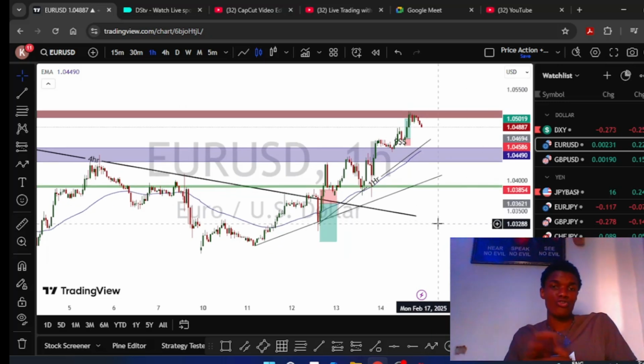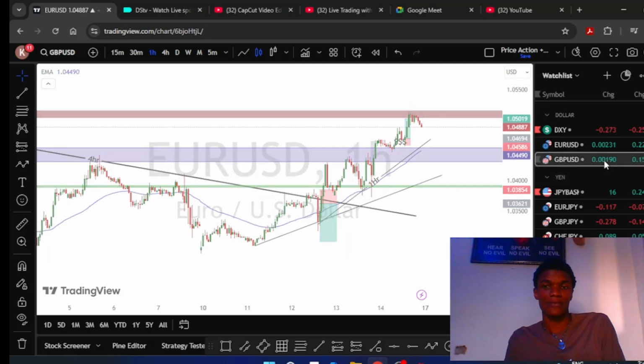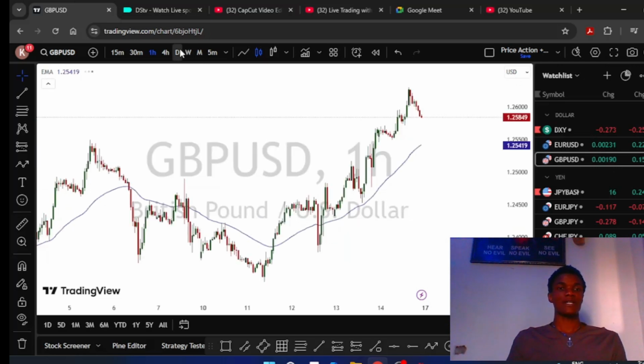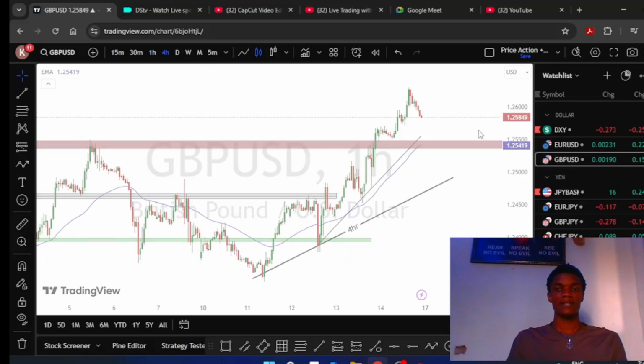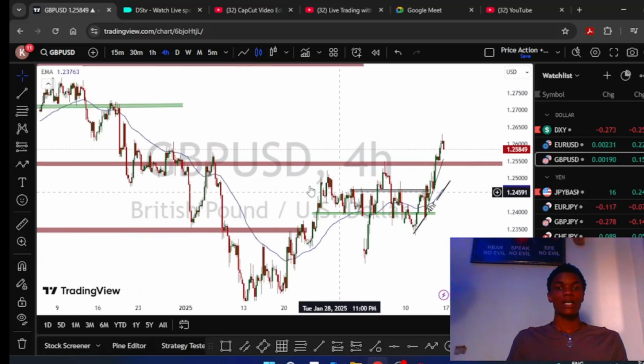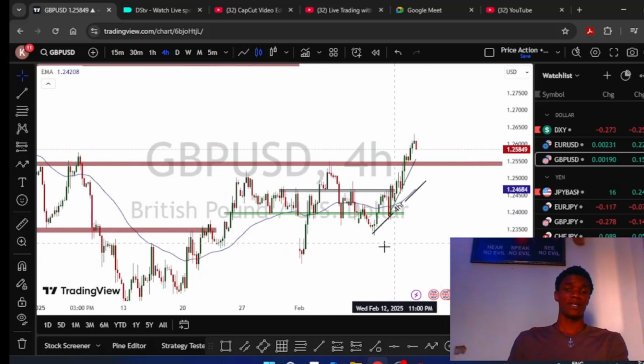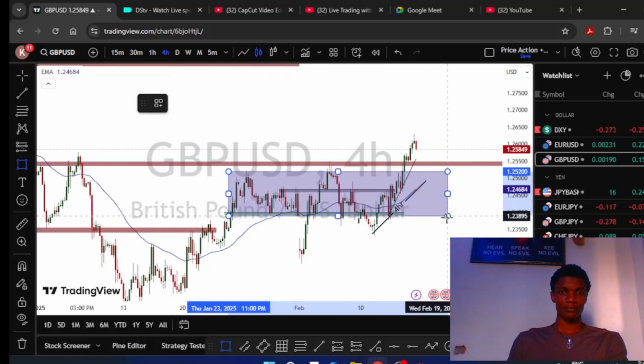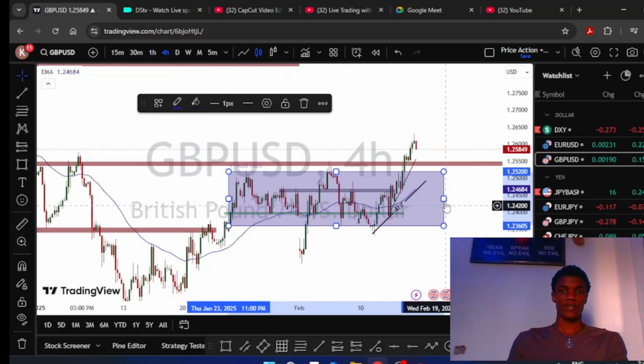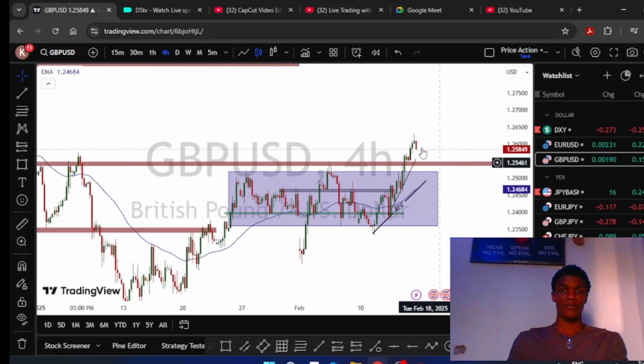So that is it for EURUSD. GBPUSD was likewise the same thing. Let's go to GBPUSD. Okay, GBPUSD. I think I really abandoned GBPUSD because it was really giving me trouble. I could see a range here. Alright, so you can see this range. Let me map it out. You could see this massive range that was happening, but now finally it's broken above the range.